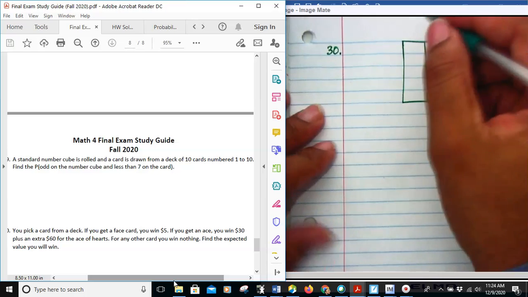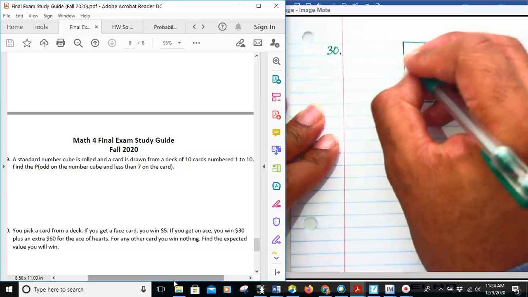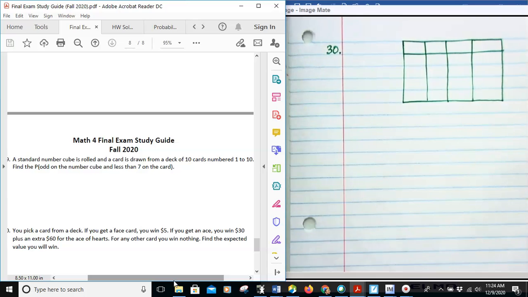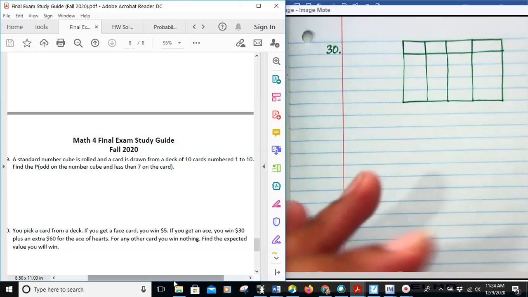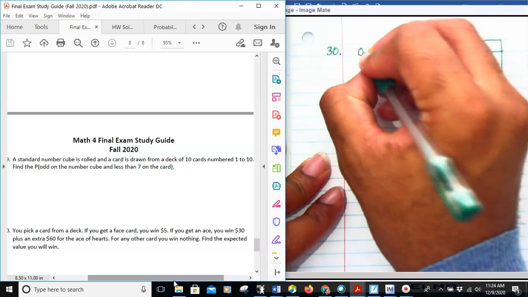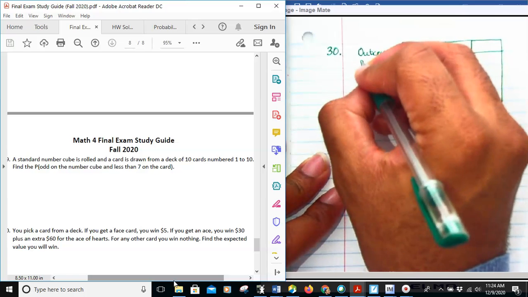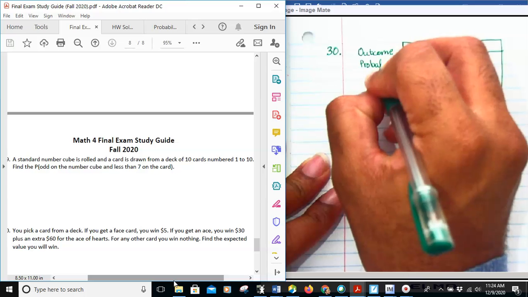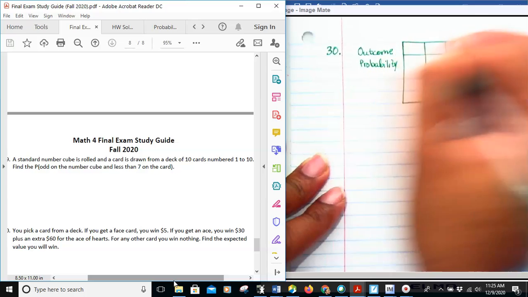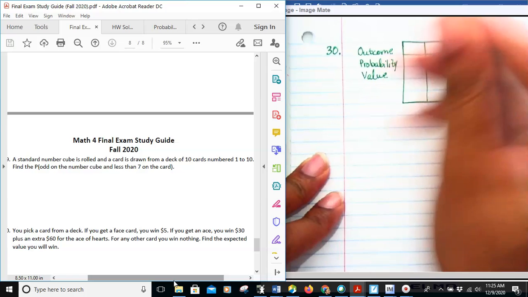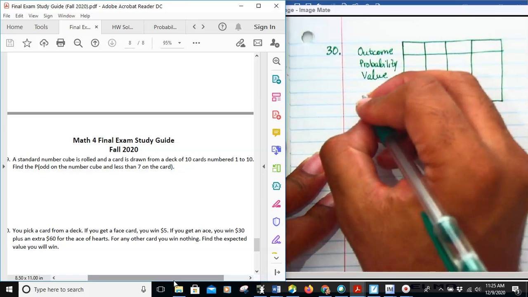All right. So here, if you remember back when we did our expected value, I'm giving you 4 columns because there are 4 different things happening: the face cards, the aces, the ace of hearts, and then the other cards. So there's an outcome, we have the probability, there is the value, the amount of money, and then we have our total.